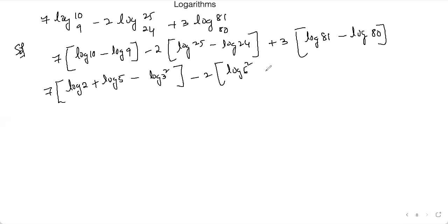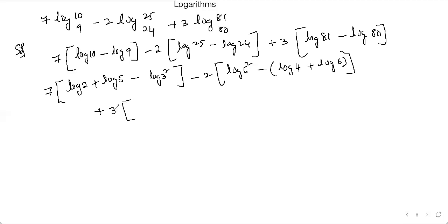And I'll split this again. So log 4 and log 6, I can write this. 6 4s are 24, right? Now the last term which we have.